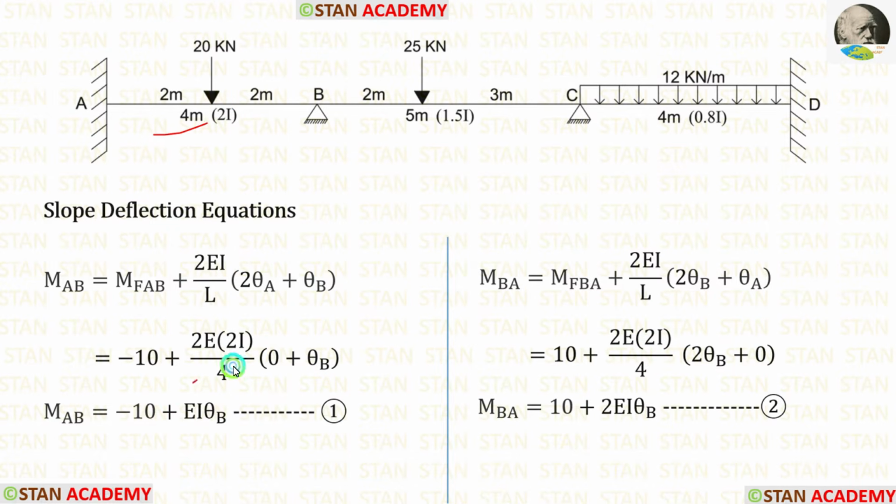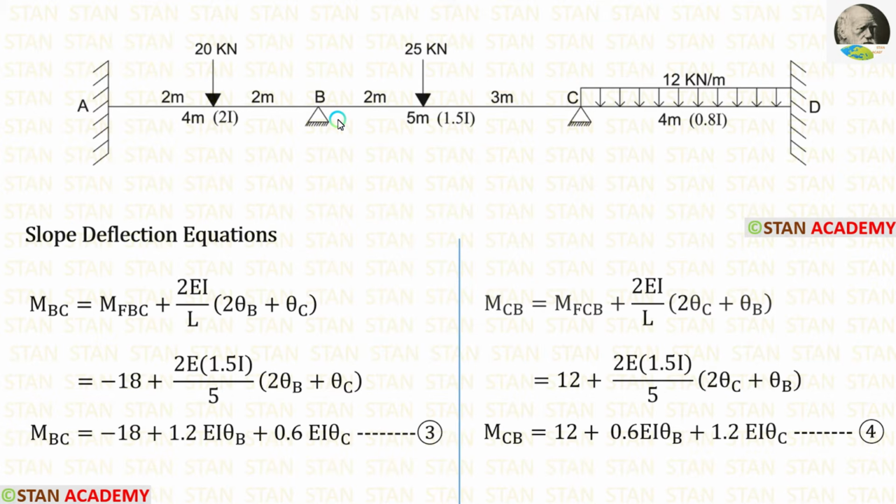Length of AB is 4 meter. At point A, we are having a fixed support. In the fixed support, there will be no slope, so theta A will be 0. Finally, in the span AB, we are making two slope deflection equations.